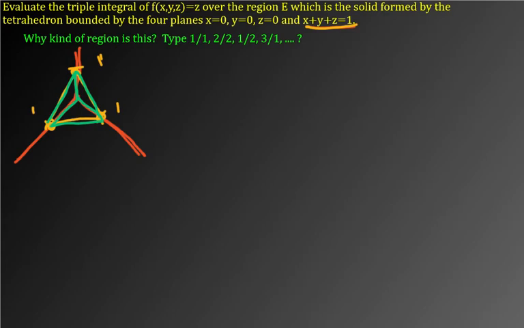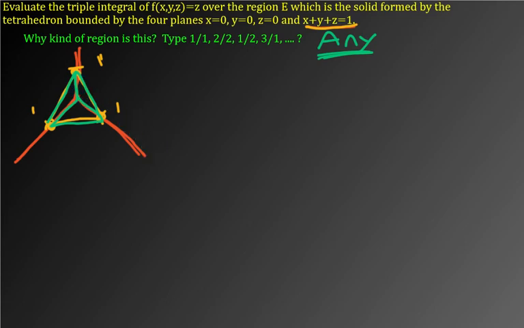And that kind of region, in terms of what type it is, whether it's a 1, 1, 1, 2, 2, whatever, it's really any. It's basically the nicest kind of region, because you can think of it as integrating in Z down to this triangle here and then doing the double integral down there, or you can think of going over to the XZ plane, or over to the YZ plane.